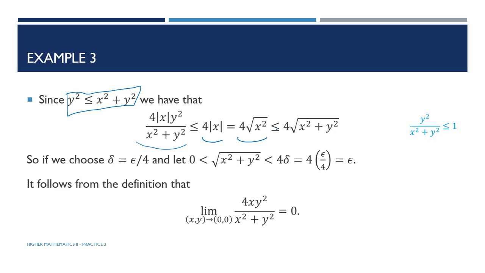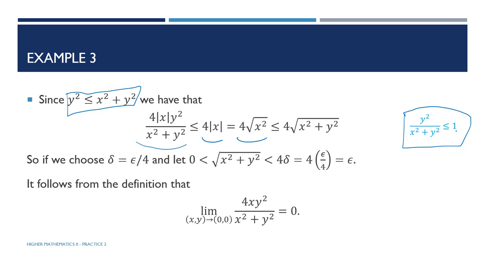Of course, if y squared is not 0, it's always greater than that expression. And here we use this one because when we divide y squared by x squared plus y squared, we get a number smaller than 1. Only in one case it will be 1, when x squared is 0, which is when x is 0.